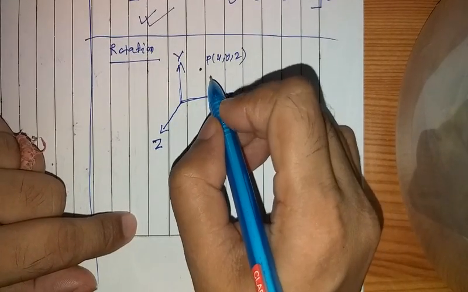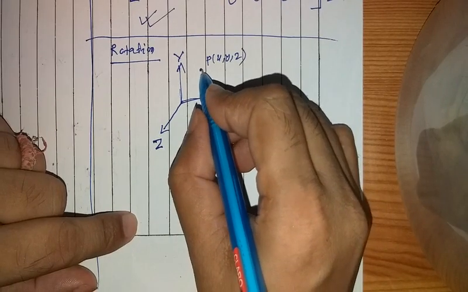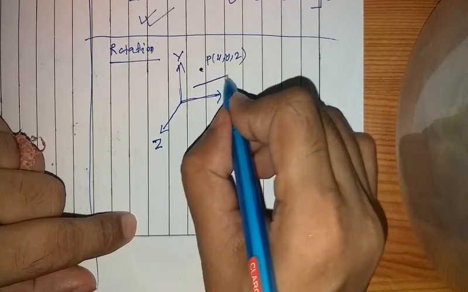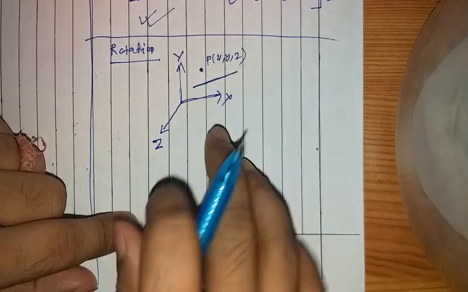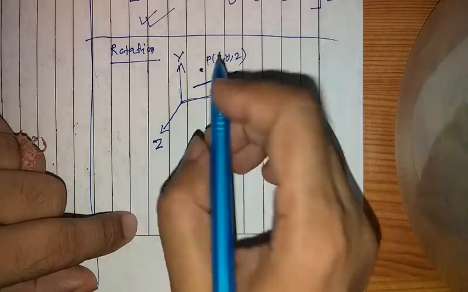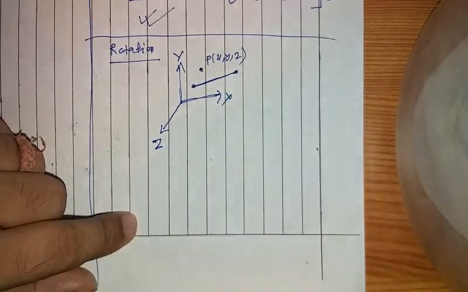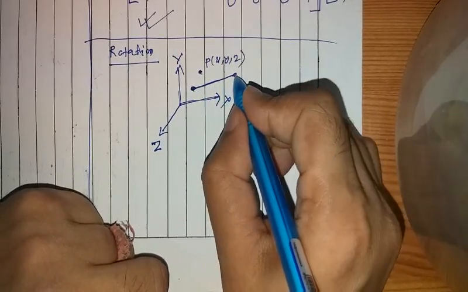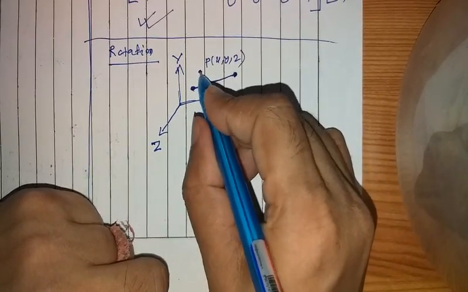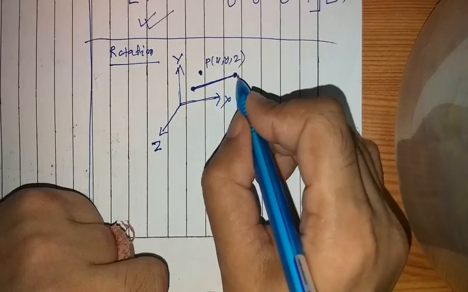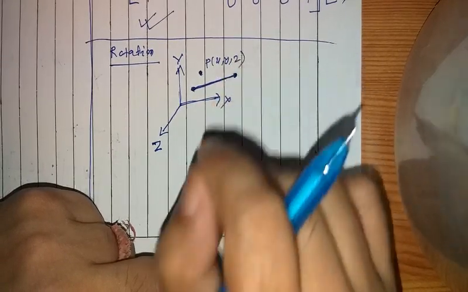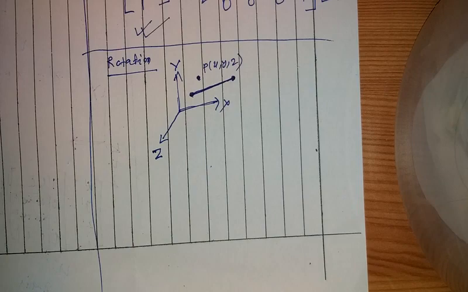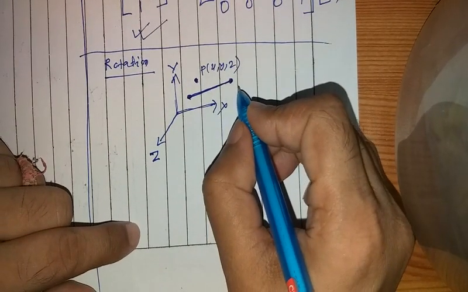But when the question is given such that you have to rotate this point about some line, which may be parallel to the axis or may not be parallel to the axis. Suppose this is the general form where you have to rotate this point about a straight line which is not parallel to any axis. Now how will we do this?